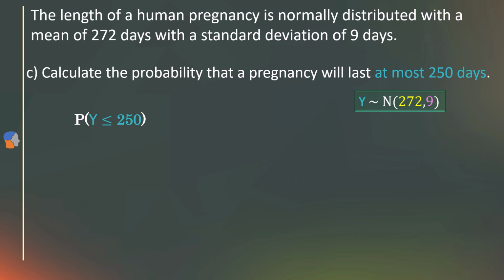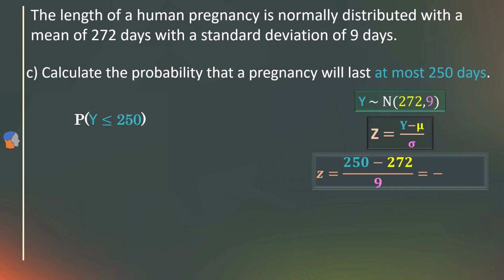First, convert to the z. How do we convert to the z? Using y minus mu over sigma. Here y is 250, mu is 272, sigma is 9. Therefore, corresponding z value of 250 is negative 2.44. That is the rounded number to the 2 decimal places.